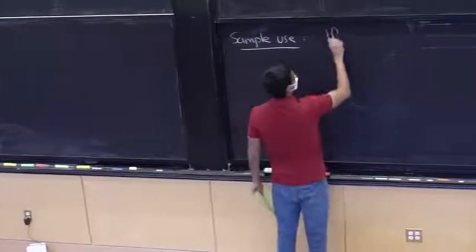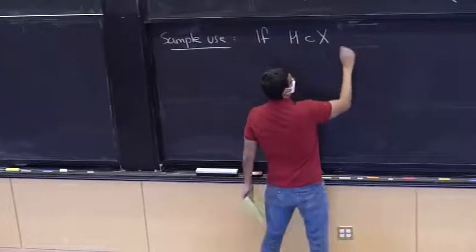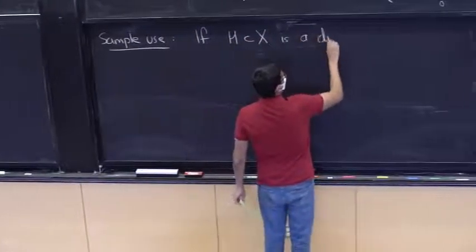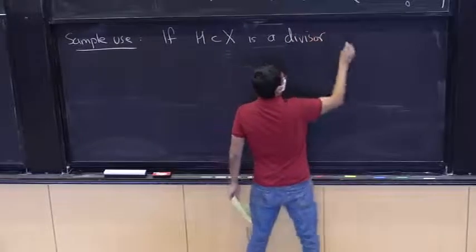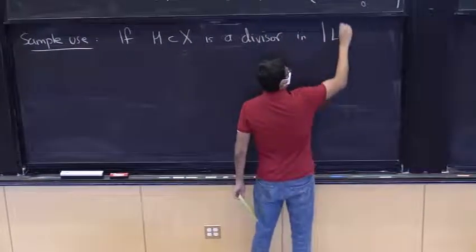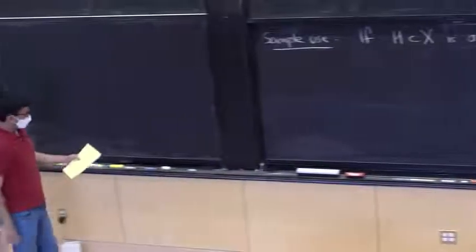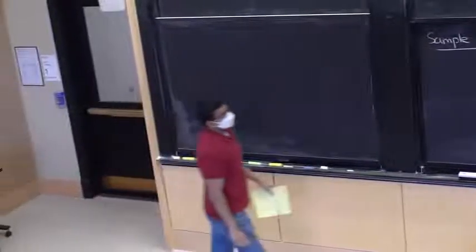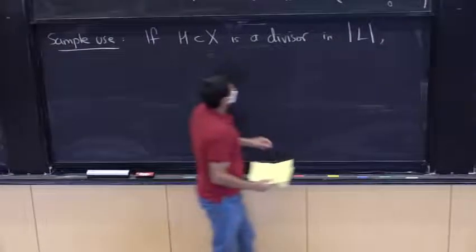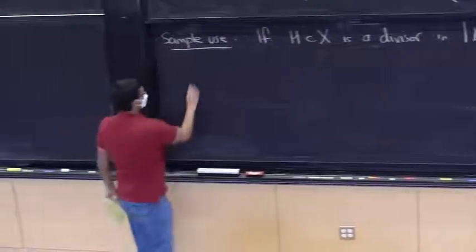So if H inside X is a divisor in the linear system defined by L, so if you're imagining X inside projective space, I'm just taking a hyperplane section, then this version of the theorem has a consequence about global sections, which is the following.